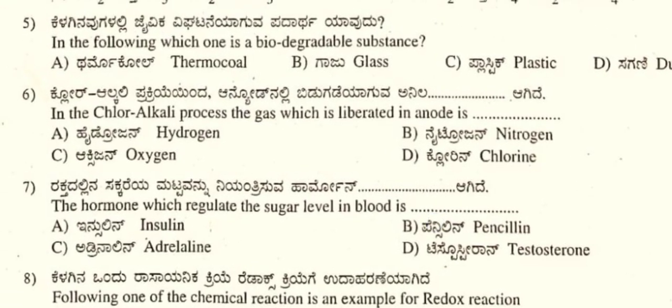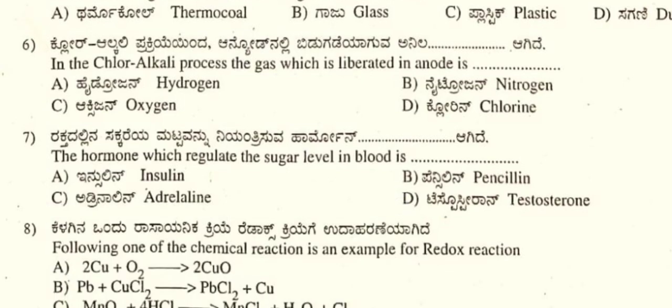Now, among these materials, the plastic and thermocol are very highly polluting products because when you burn them, they will create air pollution. When you dump them, they will create land pollution, and even if they are washed away by the water current, they will block the water from flowing and create the water pollution also.